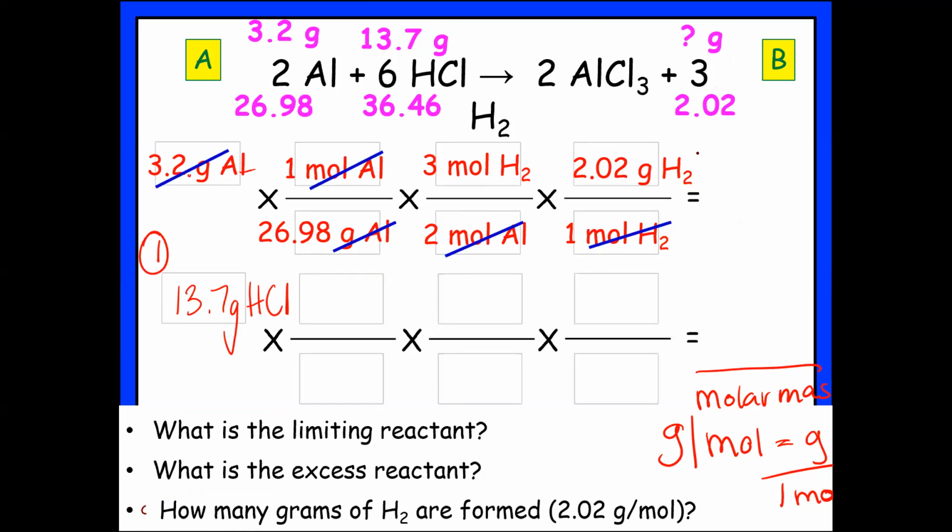So it will be 3.2 times 3 times 2.02 divided by 26.98, and then divide that entire thing by 2. Just in case you wanted to know.